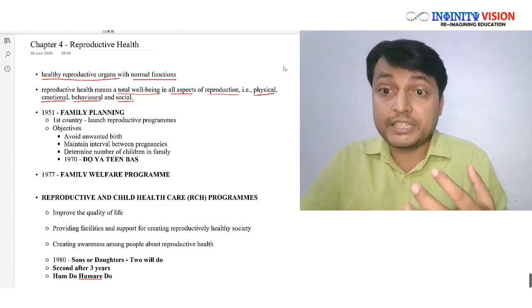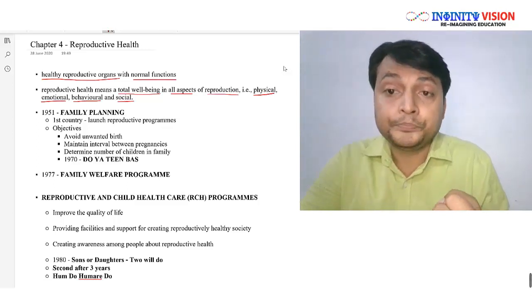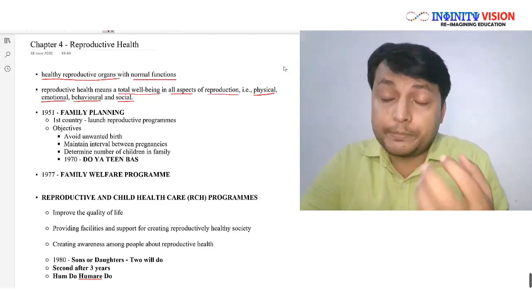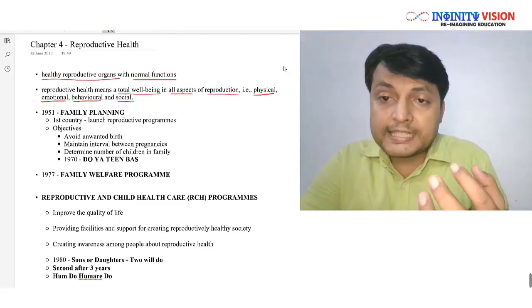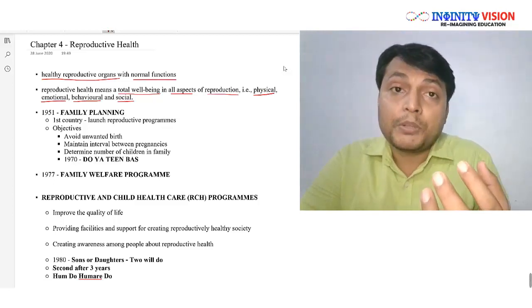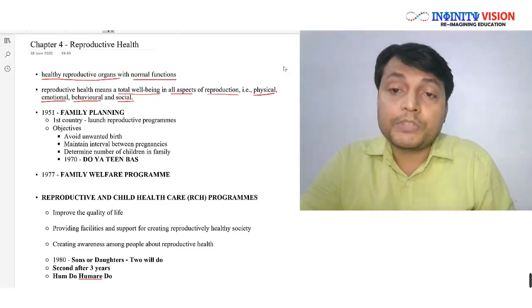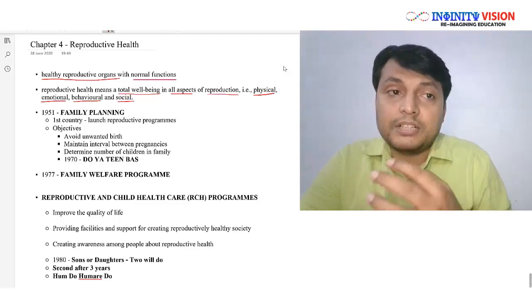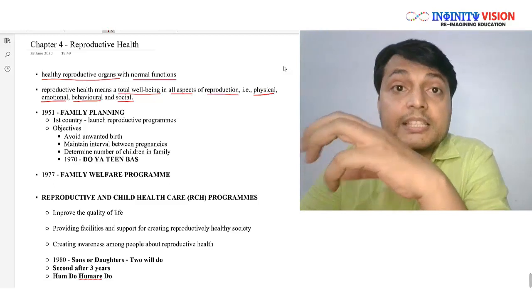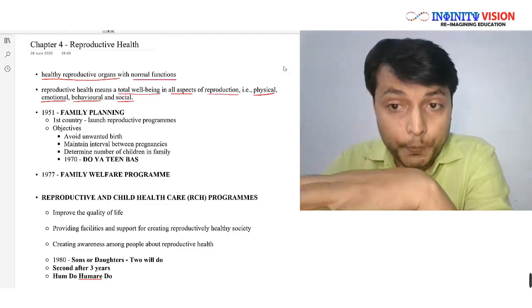The society is well accepting about sexual education and sexual debates, about pregnancy, and about giving equal opportunity to both genders. Such a society will be considered a reproductively healthy society, and this is as per the WHO.